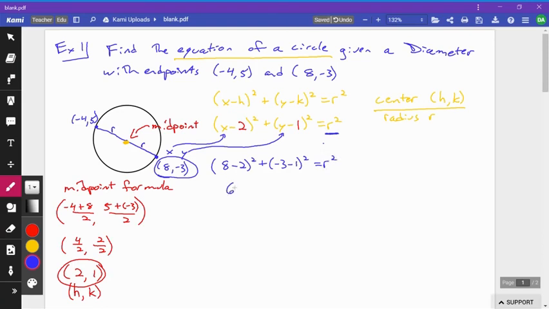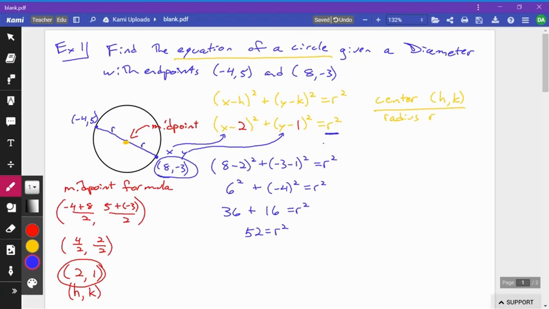8 minus 2 is going to be 6 squared. This is going to be a -4 squared. So I get a 36 plus, remember, a negative squared is a positive, so that's going to be a positive 16. And now add those two together, I get r squared is going to equal 52. I don't need to figure out what r is, because for the equation, I just need to know r squared.